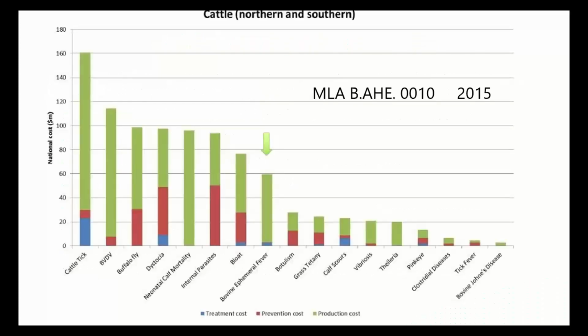Let's go to the other end of things. This is the study from 2015 on the most debilitating animal health problems in the cattle industry. So if we go through, we can see that, these aren't coming up in the right order, but never mind.